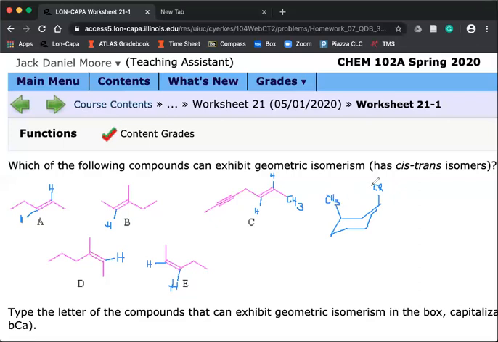We need 2 unique groups on 2 unique carbons, and each of these is also going to have a hydrogen attached to it. So this is how we're getting our 2 unique groups on 2 unique atoms. Within this chair structure, we can have both of the groups on the same side. So this would be the cis conformation of the chair.